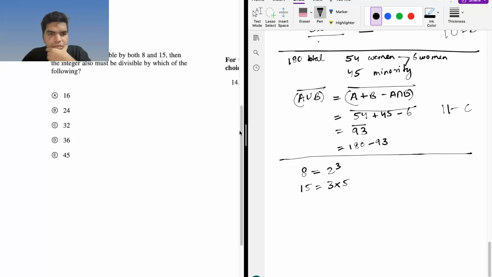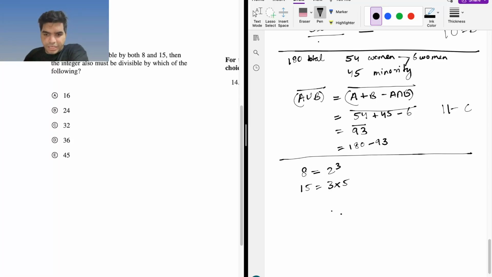Correct. Now we are given the integer is divisible by both 8 and 15. The integer must also be divisible by which of the following? A very obvious thing: if a number is divisible by all of these, it will always be in the form, and if you're not able to understand this part, whatever I'm about to write, just write it in the comments.